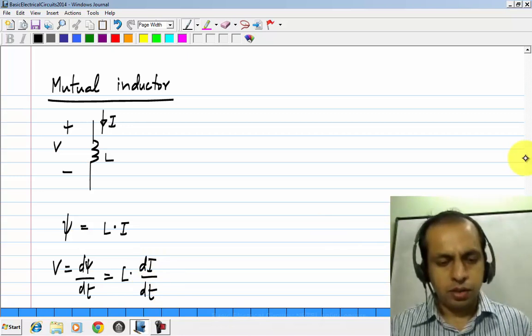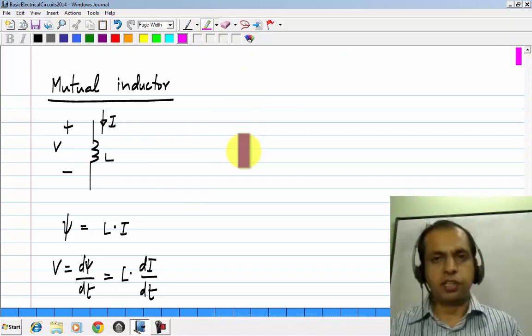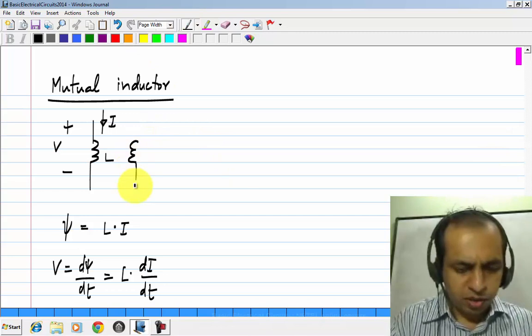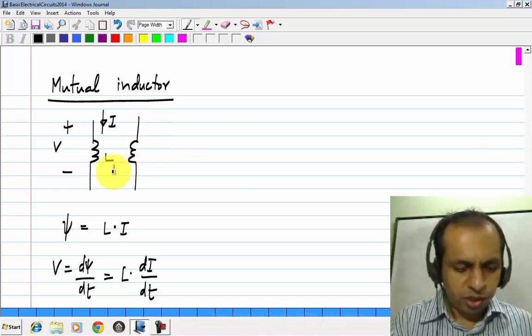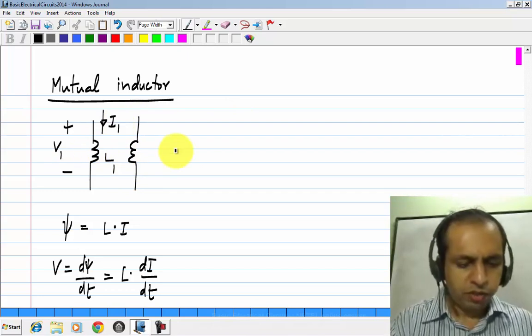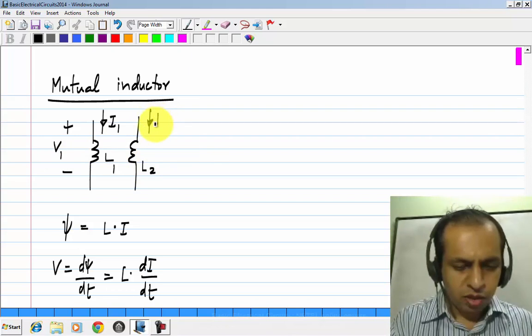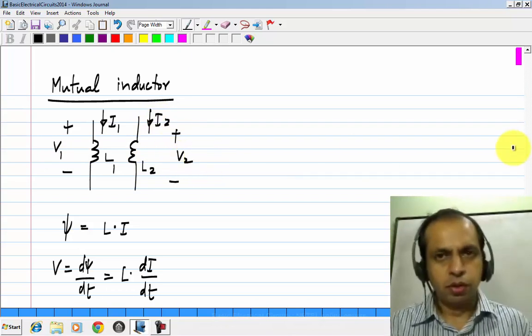Now, because the magnetic field of an inductor extends outside the inductor, it turns out that you can place another inductor, and to distinguish between these two, I will call this L1, I1 and V1, and I will call this L2, I2 and V2.